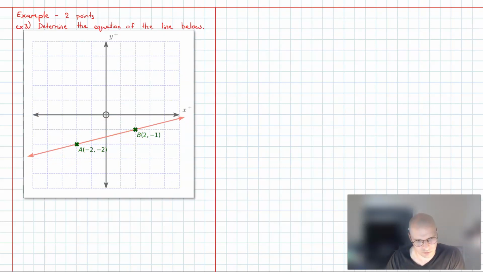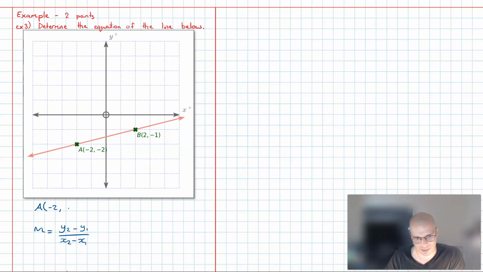Now, by observation, we know that our gradient is equal to the rise over the run, or y2 take y1 over x2 take x1. Now, knowing which x's and which y values to use, what I always recommend is just copy down the points that you're given.